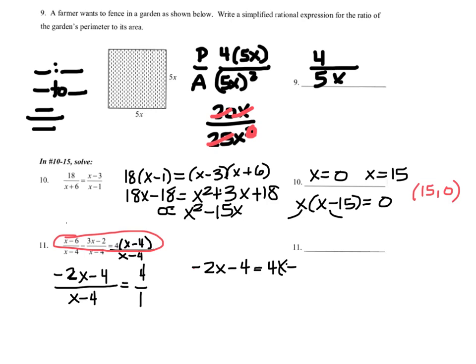I'm going to go ahead and multiply that out on the right. And notice if I did it the other way, I would get negative 2x minus 4 equals 4x minus 16. Same thing. I'm going to add this 2x over here to this side, and I'm going to add the 16 over here, and I'm going to get x equals 2.